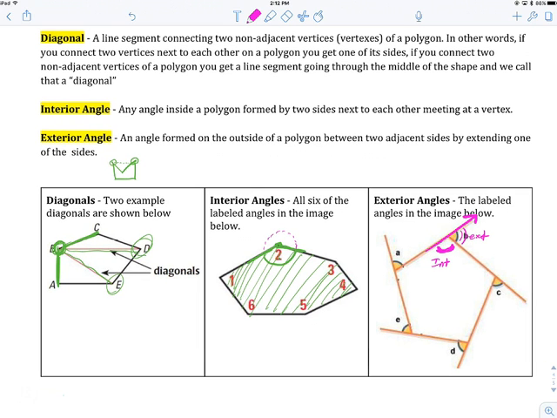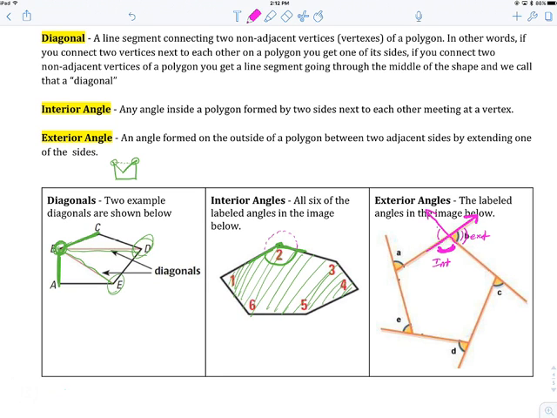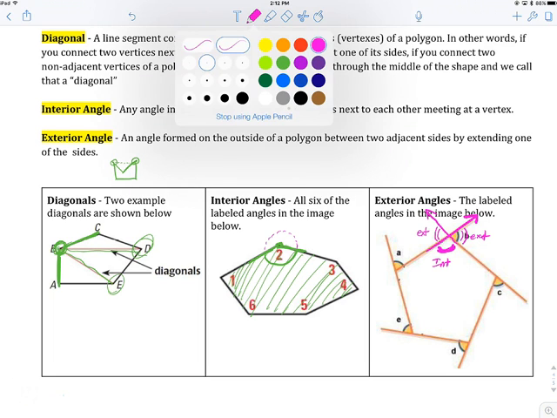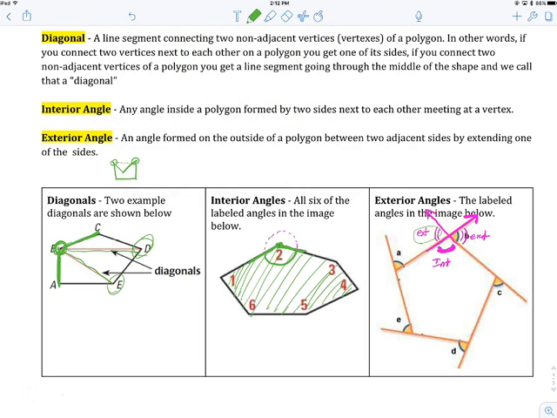You could have extended this other side over here and looked at the exterior angle over here. Still, it's supplementary to the interior angle. And you can see obviously that these two angles are vertical angles, and so they're going to be congruent all the time. So actually, there are in this pentagon not 5, but 10 exterior angles.